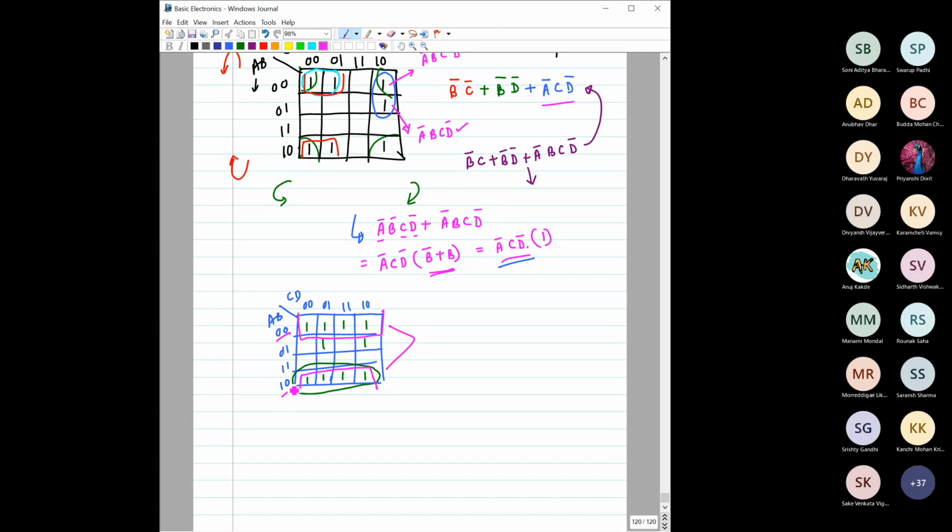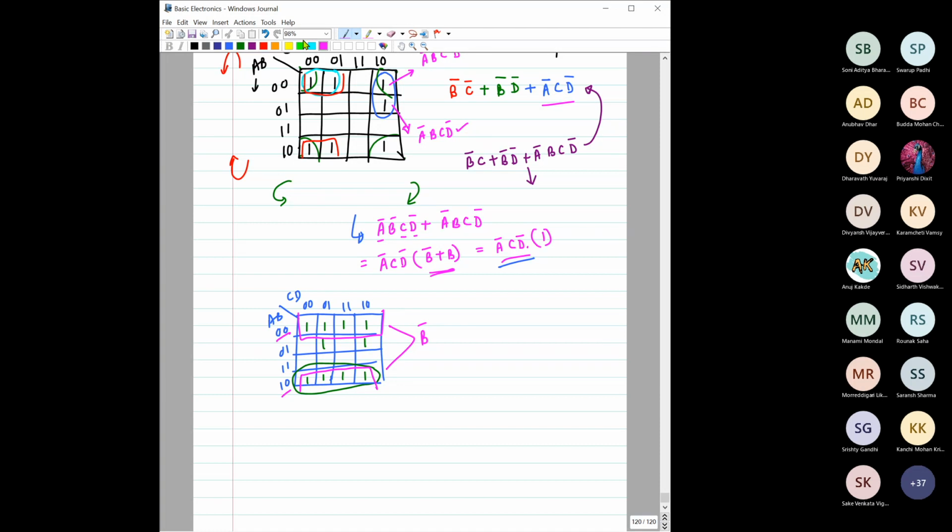A is changing, B is constant at 0, so it is B bar. Between C and D everything is changing, so nothing will come from them. So if you are able to make a group of these 8 elements, the expression that you get is only B bar.